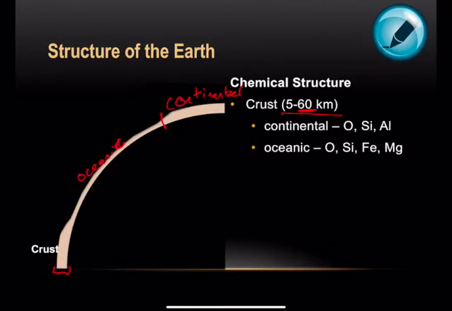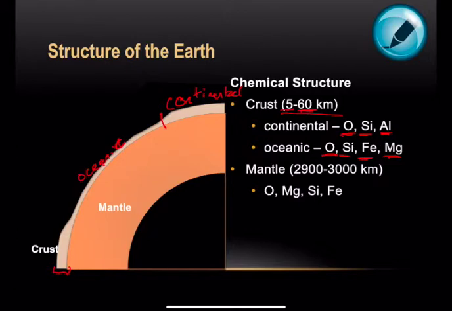The reason why they have different thicknesses is partially dependent on their chemistry again. In the continental crust, oxygen is its most abundant element, and then silicon, and then aluminum. The oceanic crust, oxygen is the first most abundant element, then silicon, and instead of aluminum, now we've got iron and magnesium. This is the chemistry of this layer.